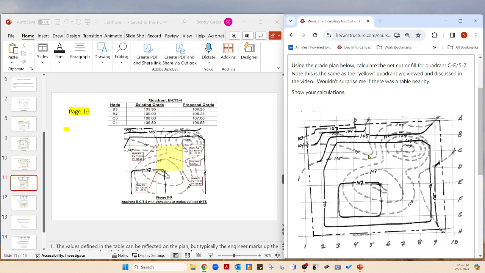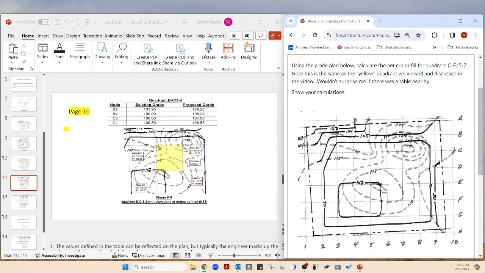So look at this C5 quadrant. That is the same as this B3 quadrant right here. That is the same. And I was giving you the answers is what I was doing.